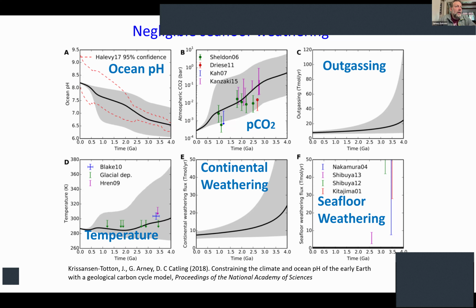All right, we've got one additional question in the chat: what would you say to people who interpret low delta 18O values in the Archean sedimentary archives as evidence of very high temperature in oceans and atmosphere?